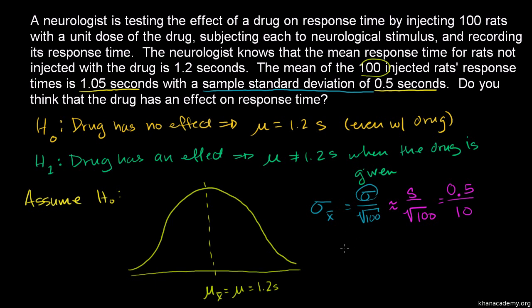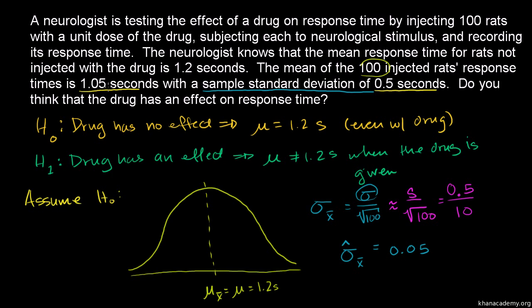So the standard deviation of our sampling distribution is going to be, and we'll put a little hat over it to show that we approximated the population standard deviation with the sample standard deviation, 0.5 divided by 10, which is 0.05. And so what is the probability? Let's think about it this way. What is the probability of getting 1.05 seconds?